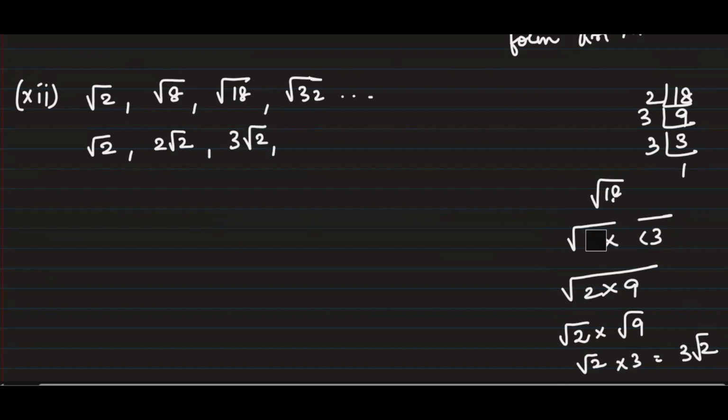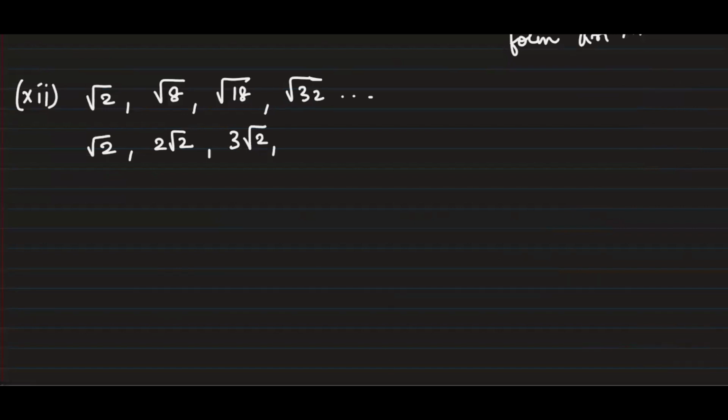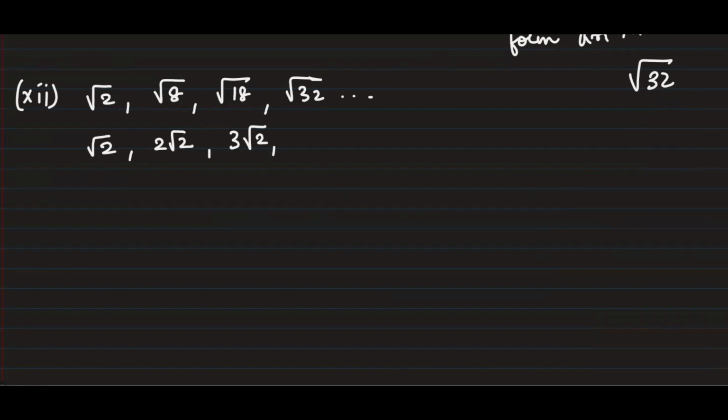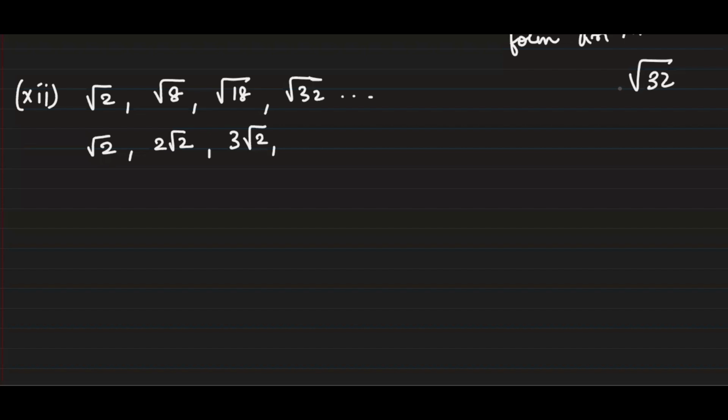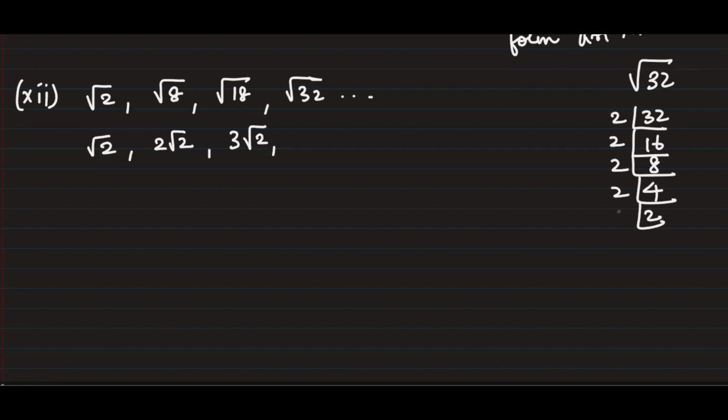In the same way, we'll find the simplified version of root 32. 32 is 2 16s, then 2 8s, then 2 4s, then 2 2s, then 1.